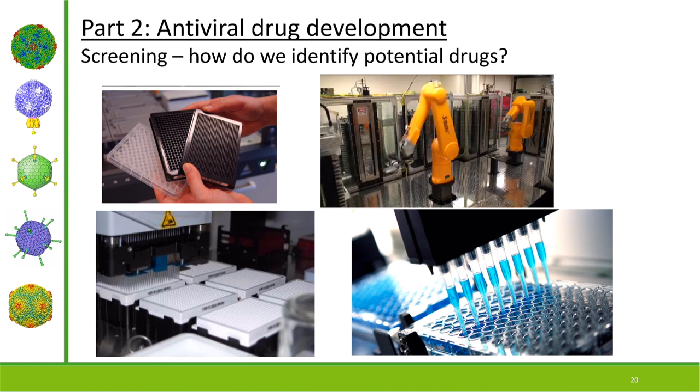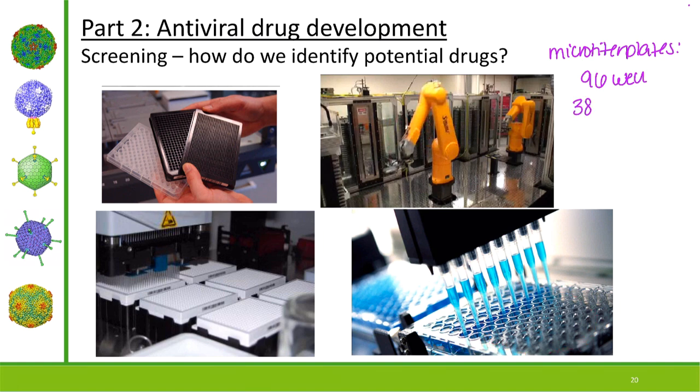And not only do we use robots, but we also use microtiter plates. Microtiter plates come in different sizes, so you can have 96 well plates. This clear one is a 96 well plate. This one right here in this image is also a 96 well plate.